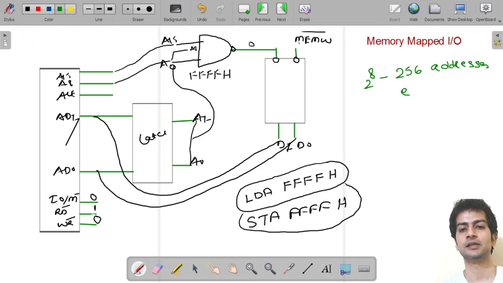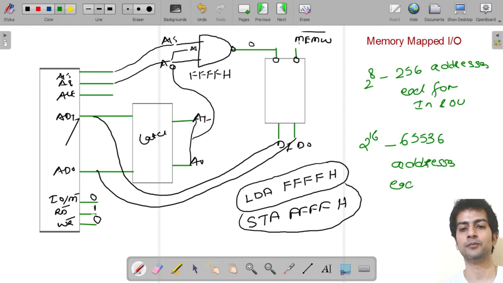But by this arrangement, using a 16-bit address, the microprocessor can generate 65536 addresses, each for input and output. Understand it carefully.